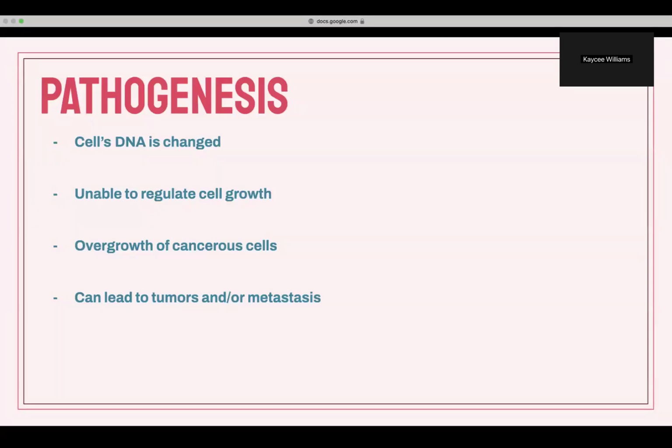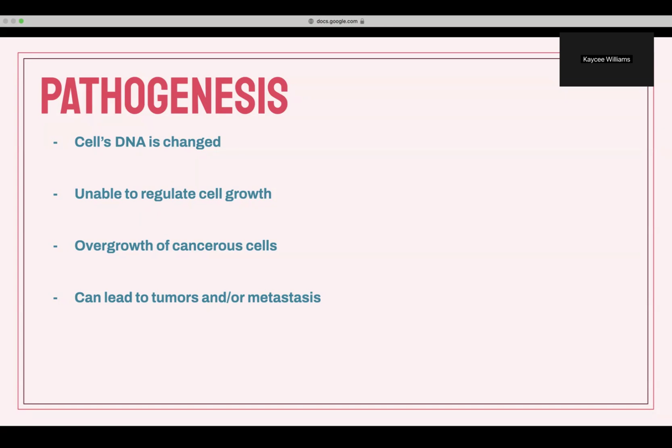So essentially, cancer is diagnosed when the DNA of a cell is changed. It can be changed by modifiable factors or things that the patient cannot help, such as genetics. When the cell is changed, it's then unable to regulate normal cell growth.